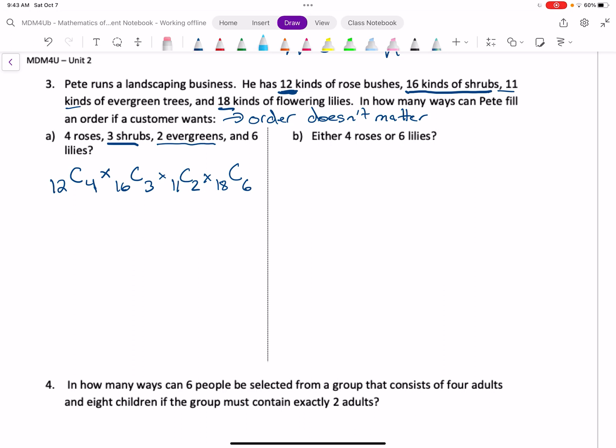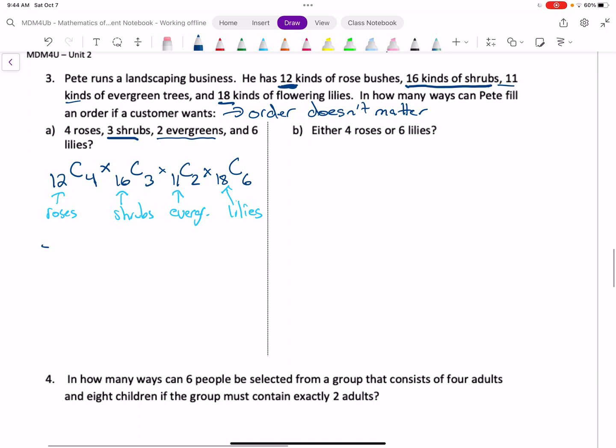So just to illustrate, these are my roses. This was the shrubs. This is the evergreen. And then the last one was the lilies. So you could write this out in a very similar way. Sometimes you'll see it written like this. It means the exact same thing. 12, choose 4, times 16, choose 3.